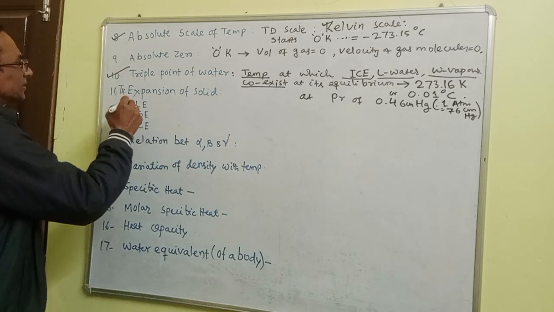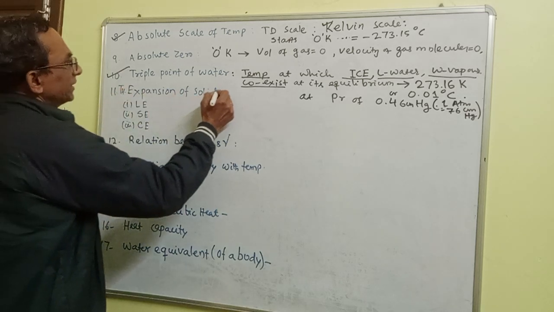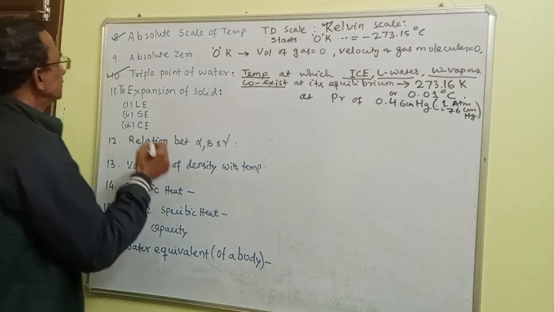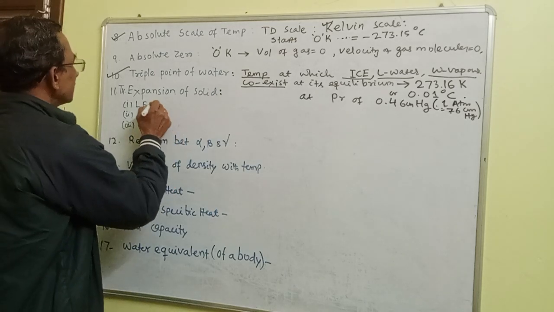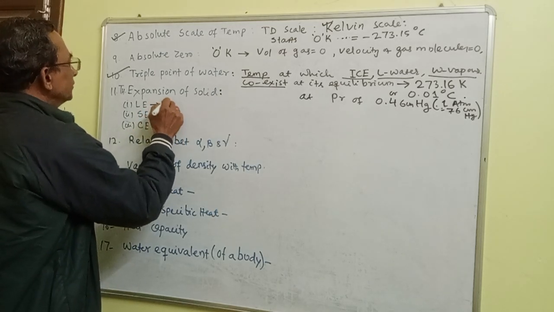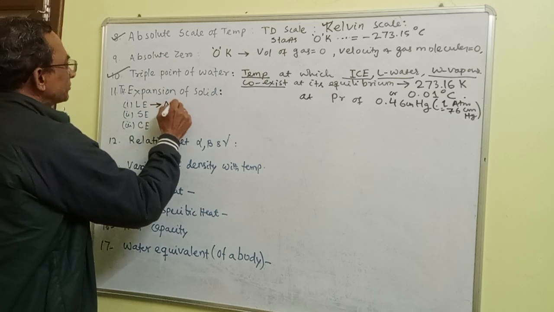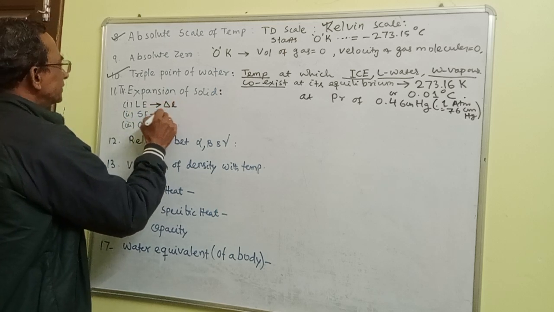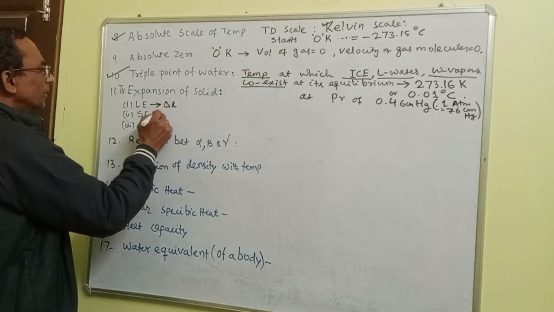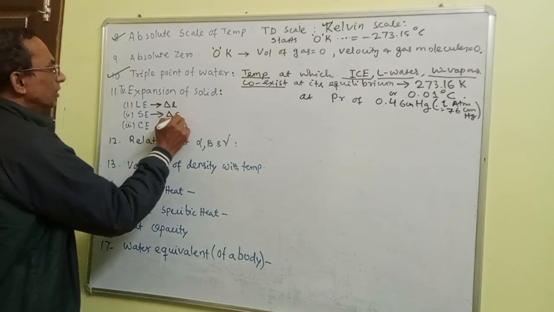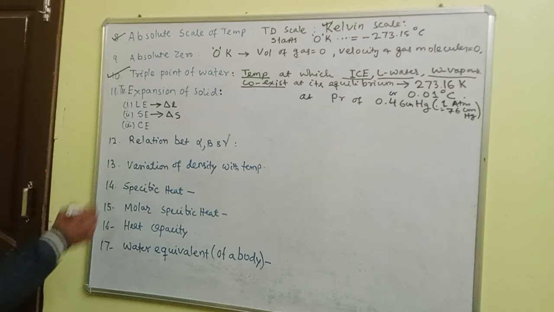Then, what are the expansions? Thermal expansion of solids: the expansion that happens due to increase in temperature. If length is increased, we say it is linear expansion. If area is increased, we say it is superficial expansion or area expansion.